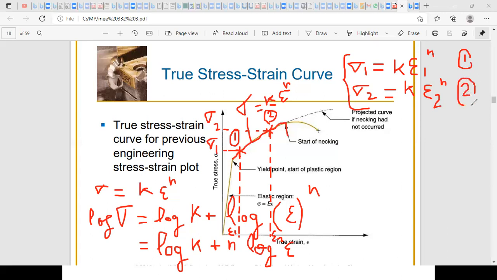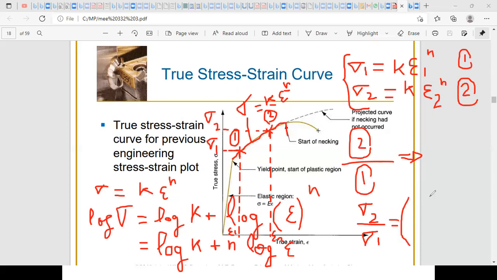If I divide 2 by 1, so if I do 2 over 1, I get sigma 2 over sigma 1 equals, k will cancel out, and then you'll get epsilon 2 over epsilon 1 to the power n. This equation will allow you to calculate the value of n. Okay, and then once you find n, you replace into one of these two equations, you get k.